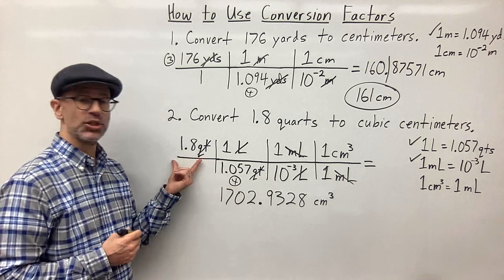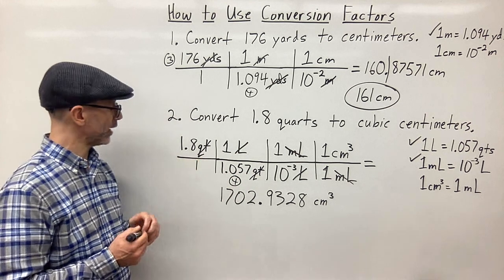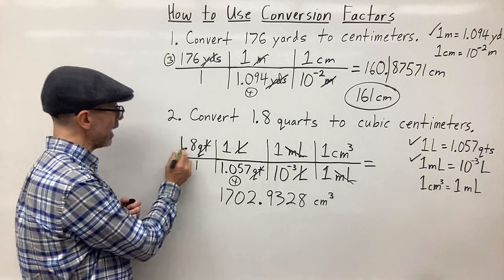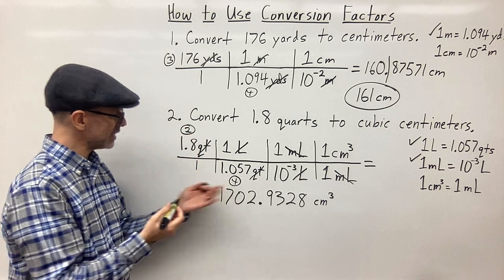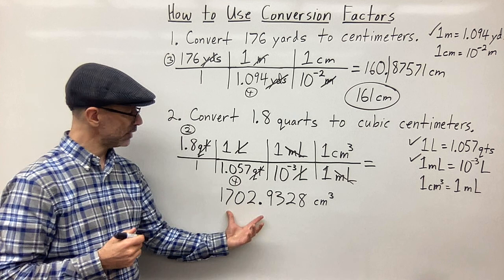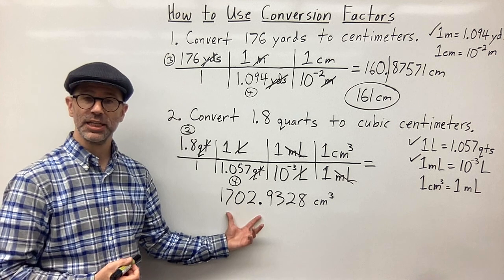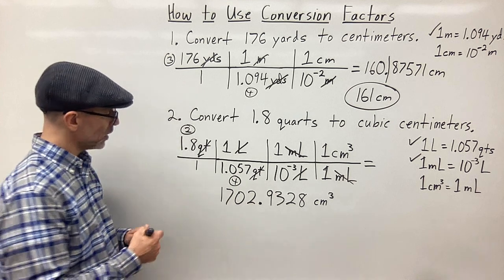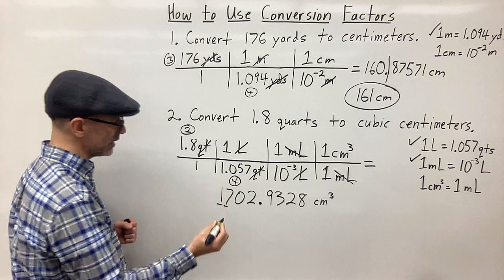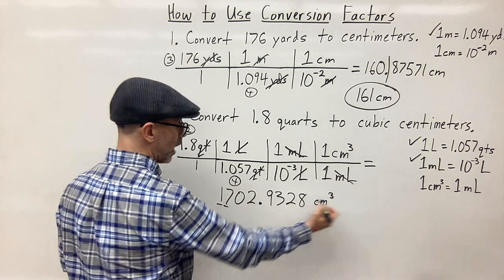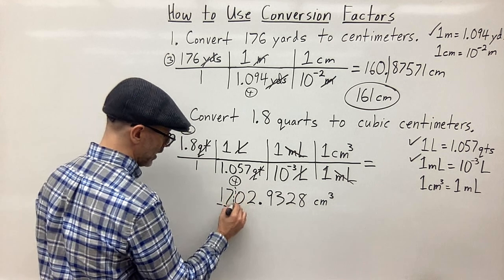And the original measurement we're given, 1.8, is a measure. So we have 2 sig figs here. 2 is less than 4. So our answer can only have 2 sig figs. So I keep the 1, the 7, and that's it. Everything gets dropped off. So I got to stop here.